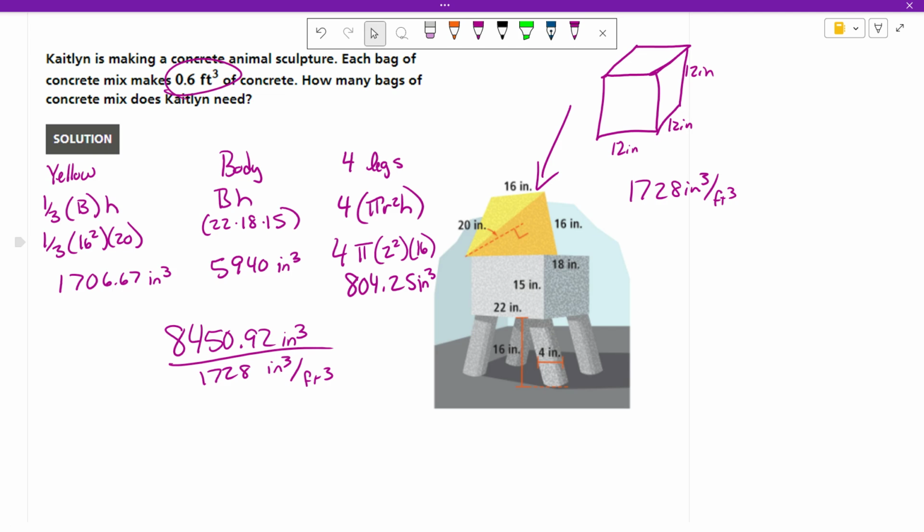How many cubic feet are there in that sculpture? 4.9. And then if we multiply it by 0.6 cubic feet, how many bags of concrete does she need?